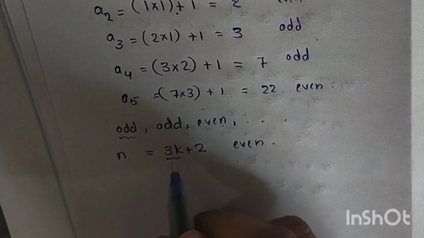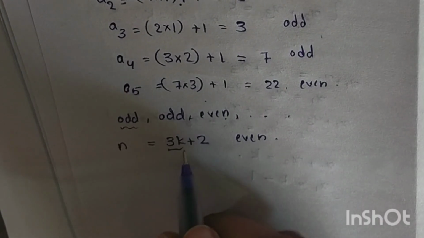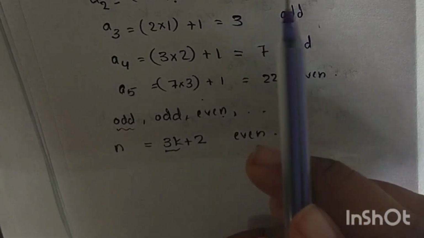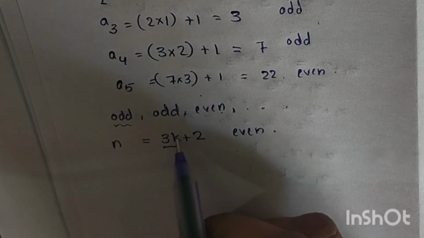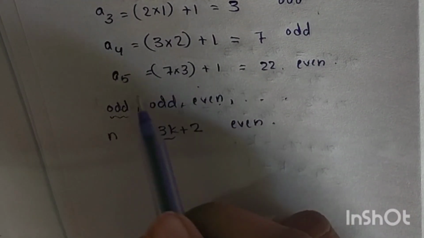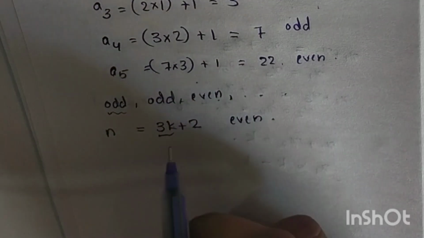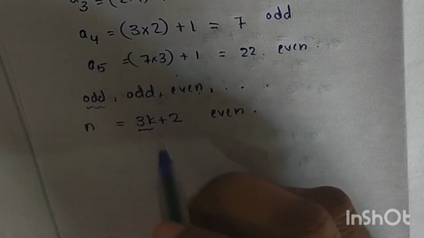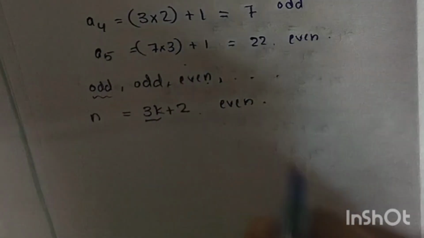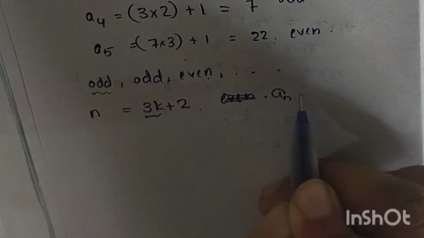We can check: if we put k equals 0, we have n equals 2, so a2 is even. If k equals 1, we have 3 plus 2, that is 5, that is even. So if we continue and put other values of k, we can say that when n is 3k plus 2, an is even, otherwise it is odd.